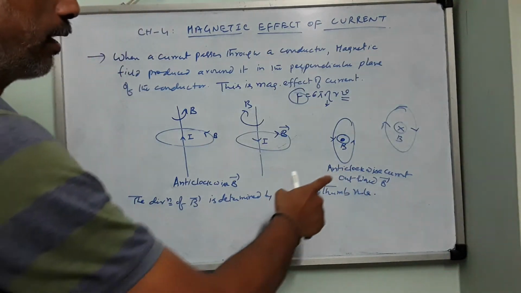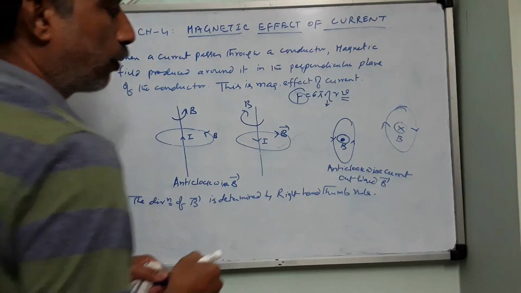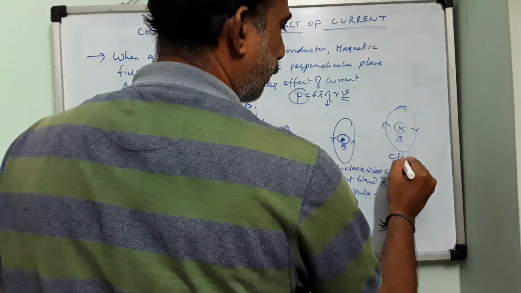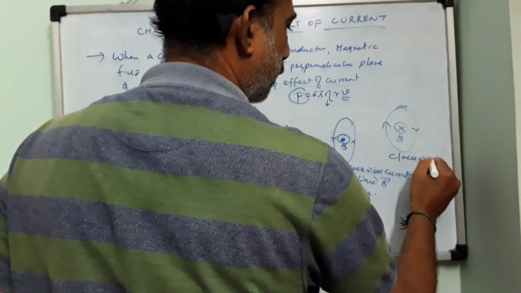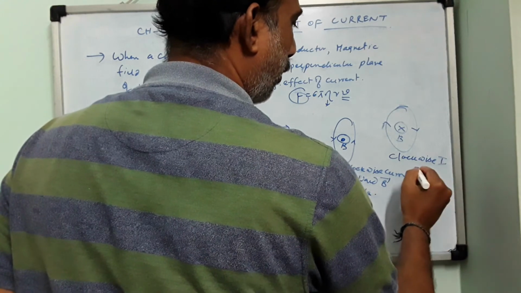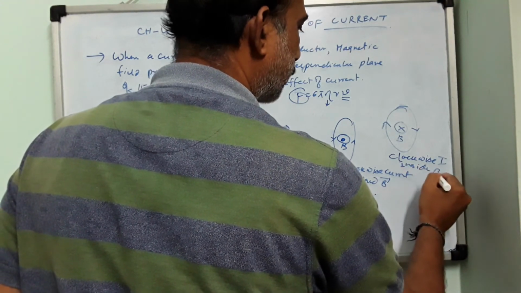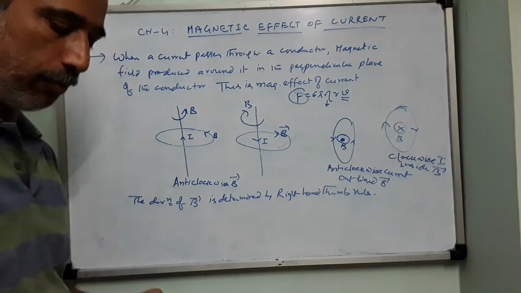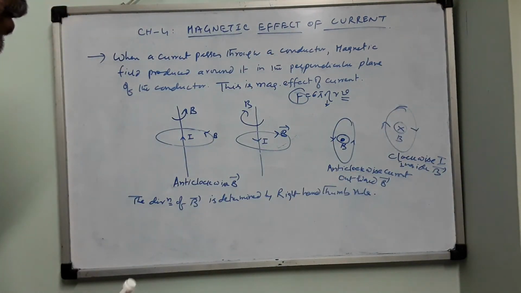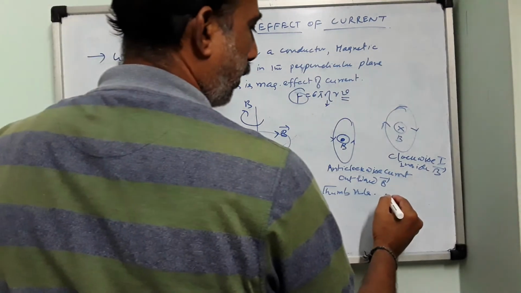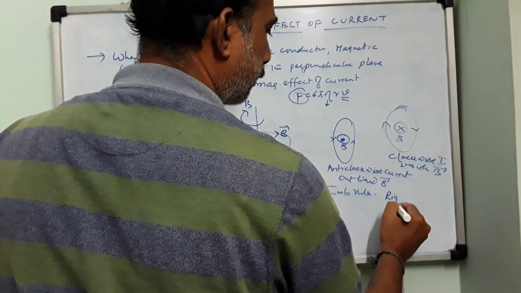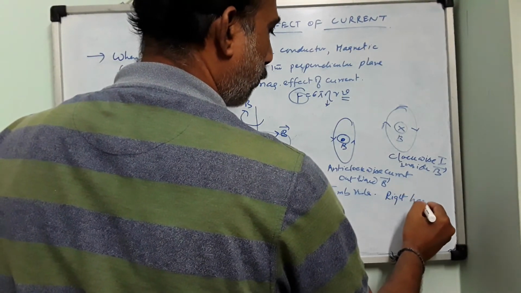Okay. So anti-clockwise current, magnetic field is what? Outward. Clockwise current, inside B, into the plane of the board. So two rules are there. This is nothing but what we call the right hand screw rule.